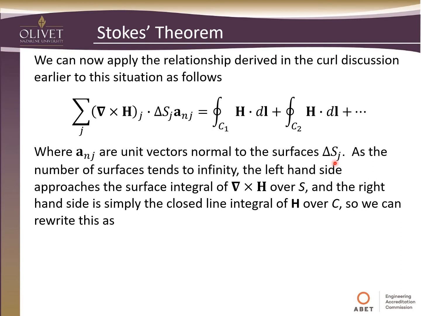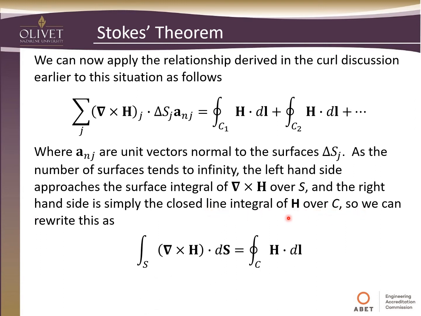Again, where a_n is the unit vector in the direction normal to the surfaces of S. So the left-hand side then approaches the surface integral of del cross H, or the curl of H, over S. And the right-hand side is simply the closed line integral of H over C.